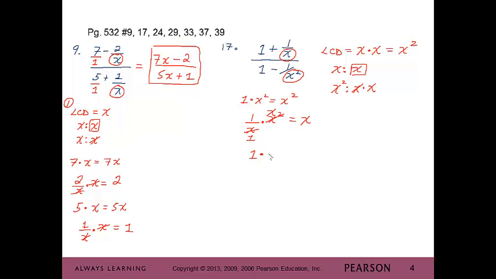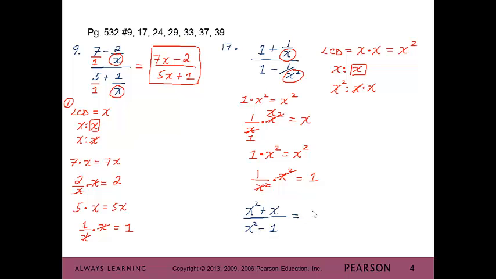And then again, 1 times x squared is x squared. And then the term on the bottom, 1 over x squared times x squared. Well, the x squares cancel out, and we're left with just 1. Now our expression is going to become x squared plus x all over x squared minus 1.